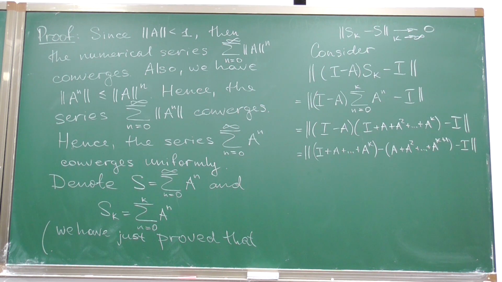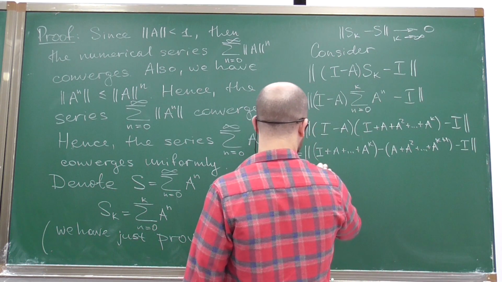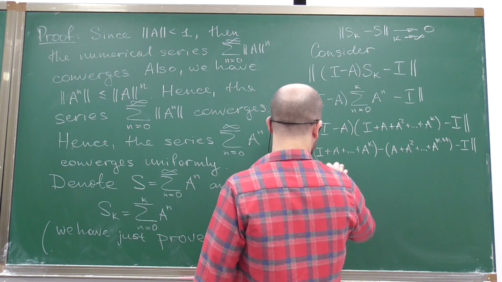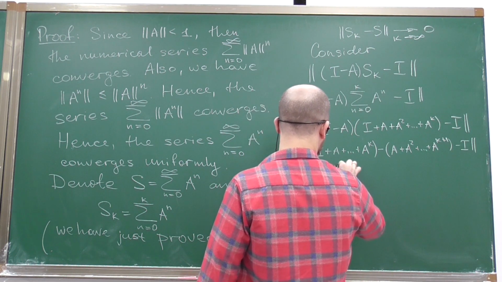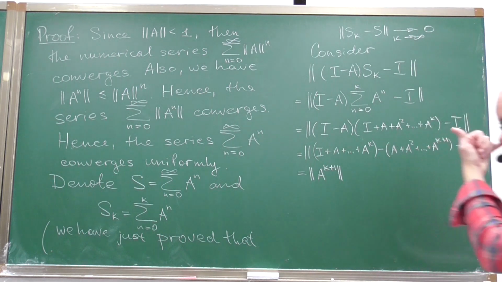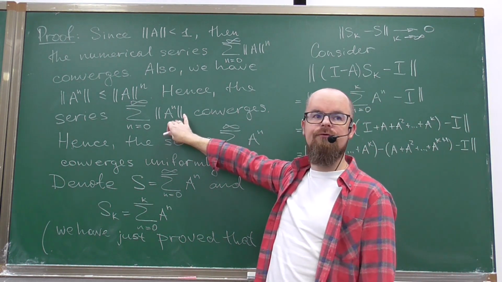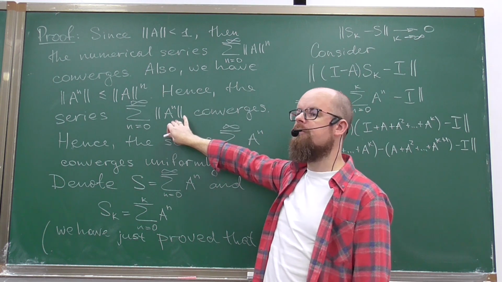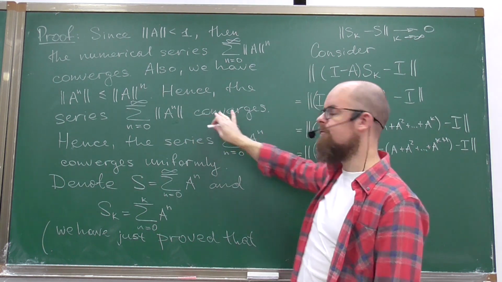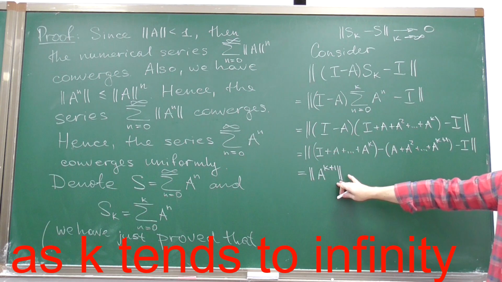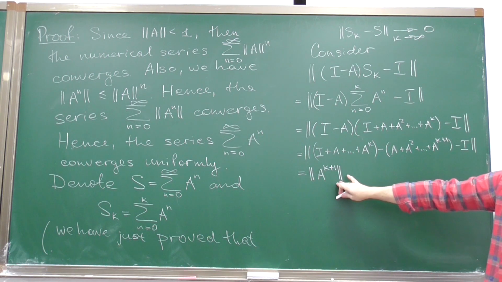Almost all of the terms cancel each other out except identity minus A to the power of k plus 1. This expression is just the k plus first term of the series which converges, which means that as k tends to infinity, these terms tend to 0.